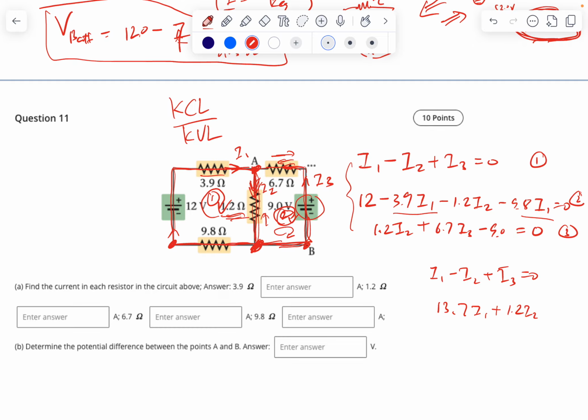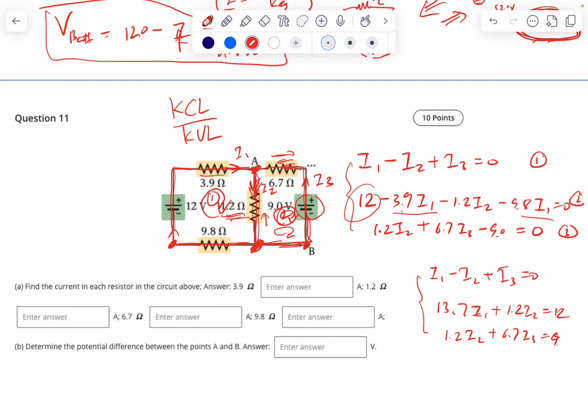Then you move 12 to the other side of the equation, so it equals 12. Make sure it's right. Okay, 13.7 I1. Third one, 1.2 I2 plus 6.7 I3 equals 9. So you should be able to solve this.